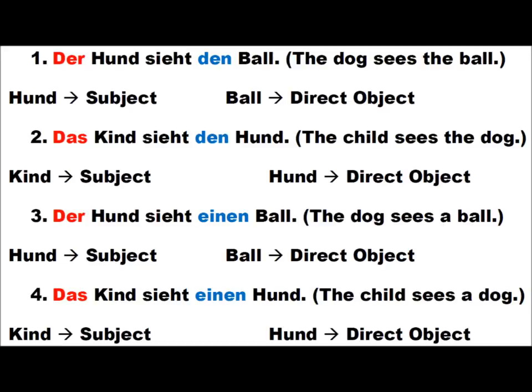That's why we use the article den. In the third sentence, Ball is the direct object, so we use the article einen instead of ein, okay? And in the last sentence, Hund is masculine. It would usually be ein Hund in the nominative case, but here Hund is the direct object, so we write einen.